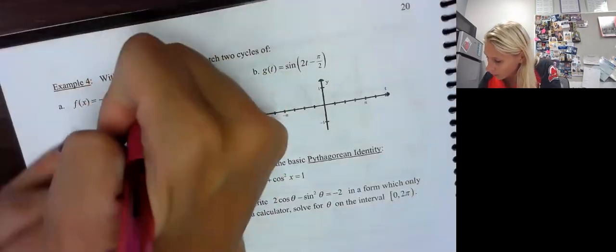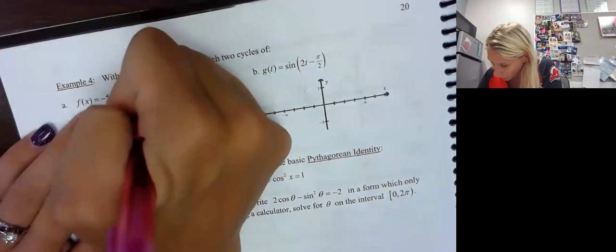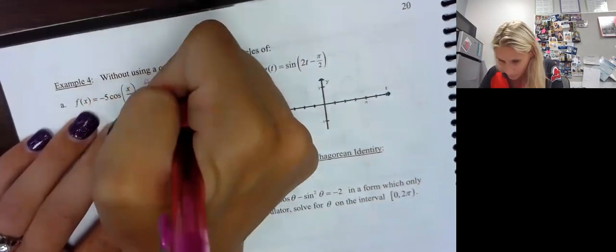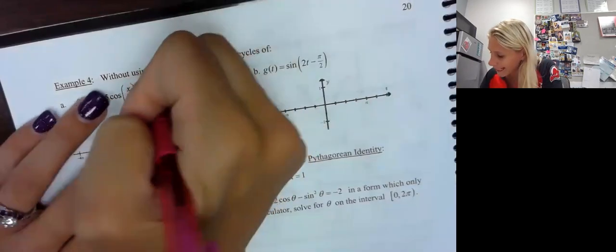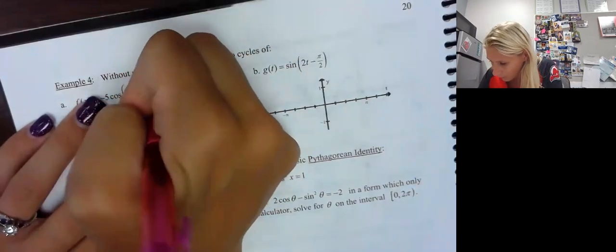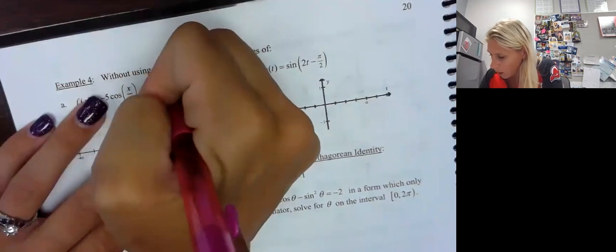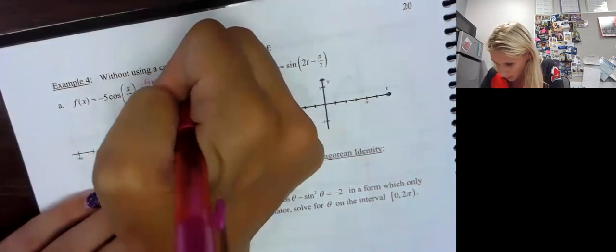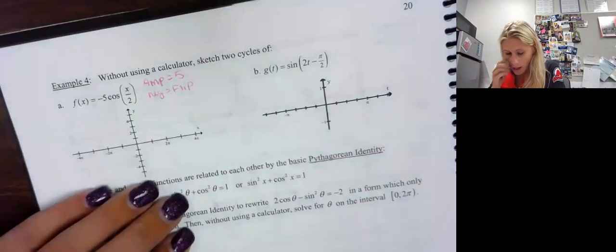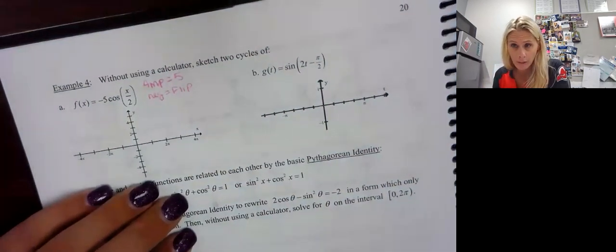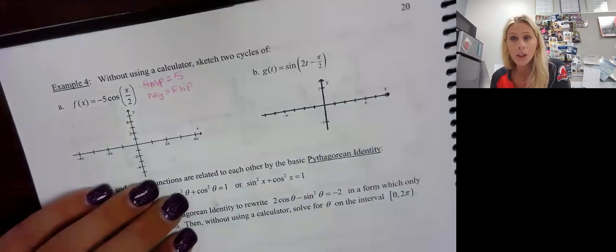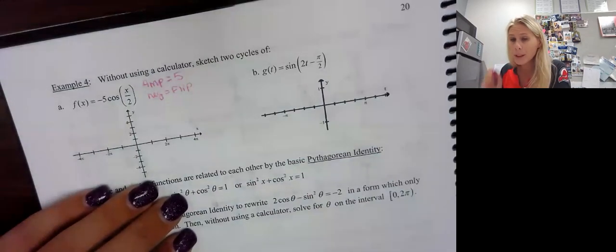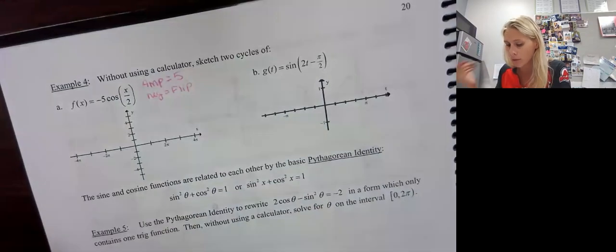So first of all, let's talk about our amplitude. Our amplitude is 5. And since it's negative, we go in the different direction. We kind of flip. There is no vertical shift, and there is no horizontal shift or phase shift, but we do have to figure out how much it repeats.